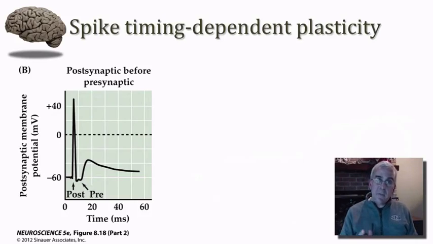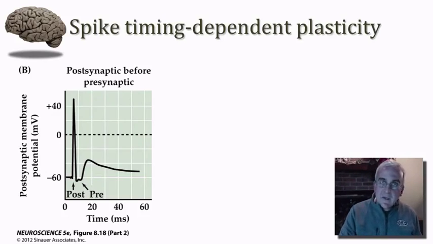So that cell might fire an action potential in response to activity in one of these many other hundreds or thousands of inputs. So we're studying one particular synaptic connection, and we're varying the timing at which that input is activated relative to the firing of a postsynaptic action potential.